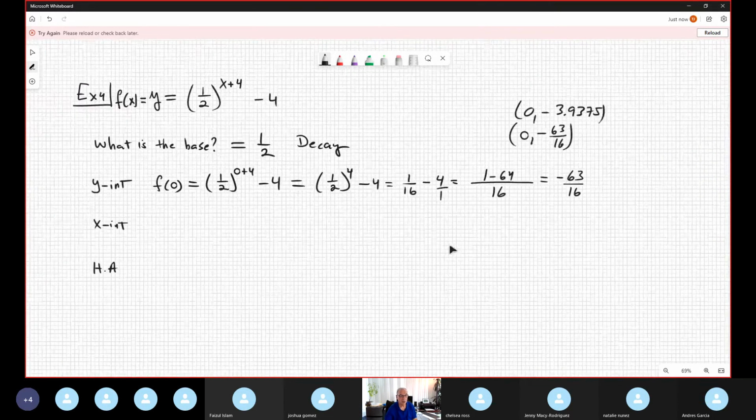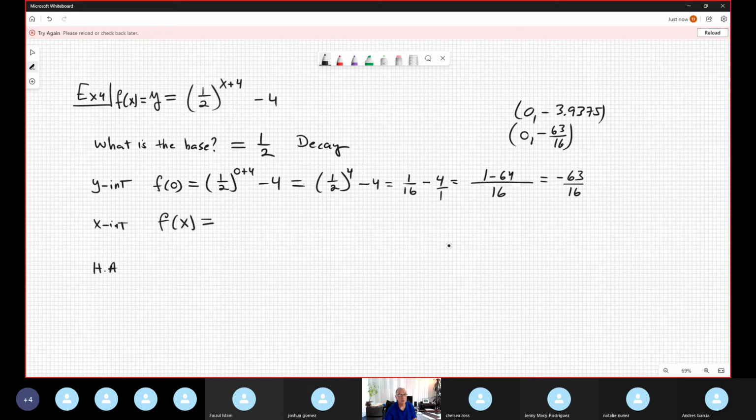Okay, and what about the x-intercept? There the function is equal to 0. And one more time, we have the famous exponential equation. You declare y equals 0, and my goal now is to isolate the x.